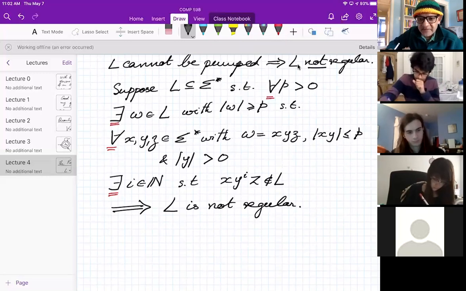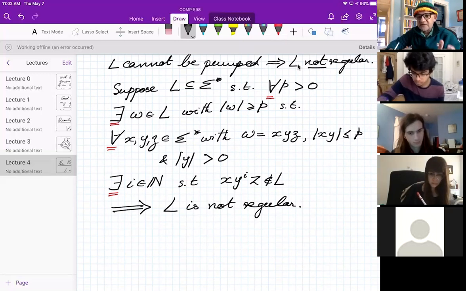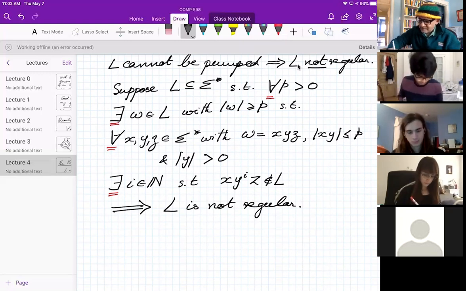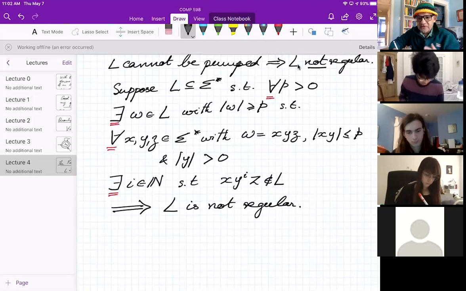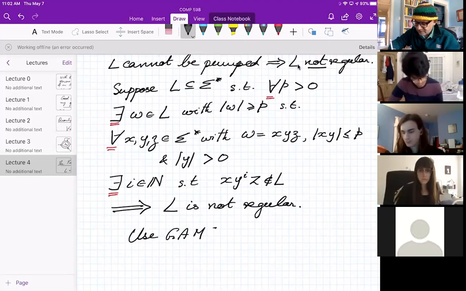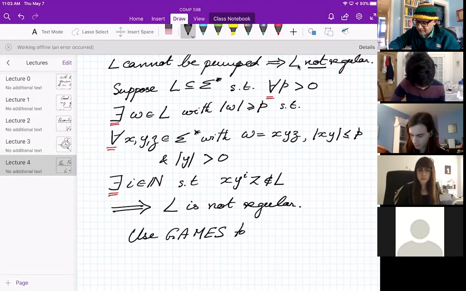And by logical complexity, I'm referring to the number of times the quantifier flips, because it's the flipping of the quantifier, not just the number of quantifiers, that is really significant. Now, our strategy to try and understand these kinds of statements is through use of games, to deconstruct the statement.